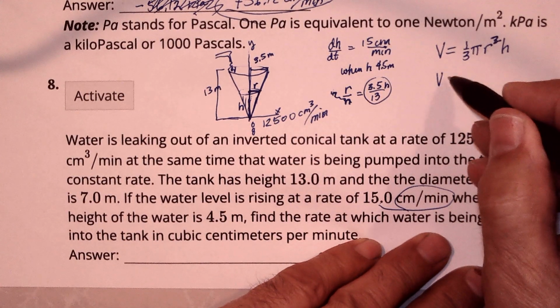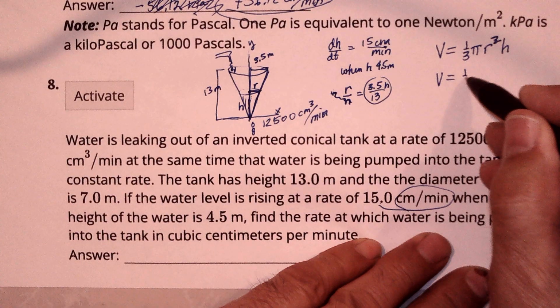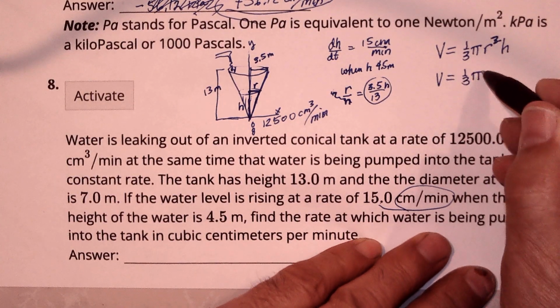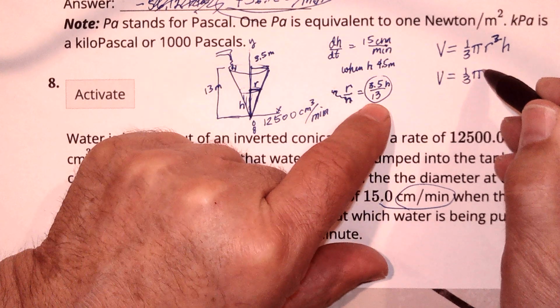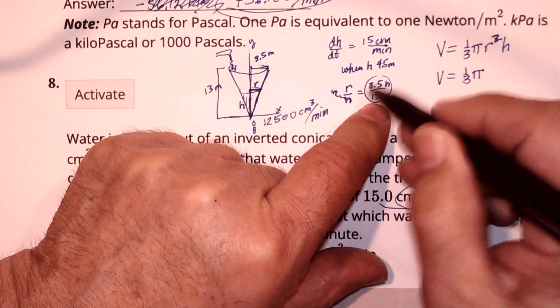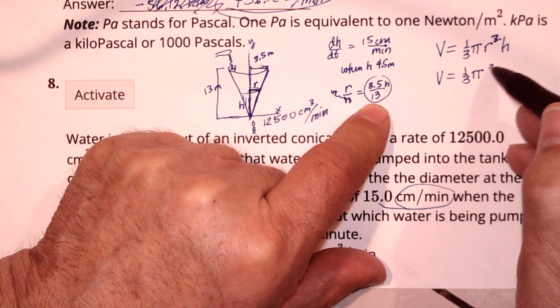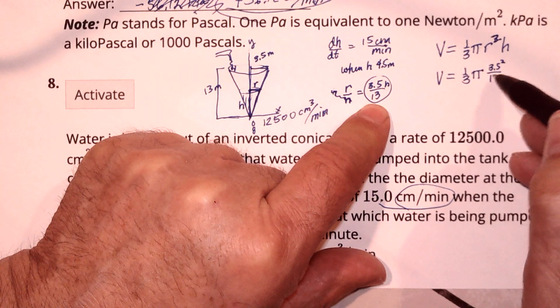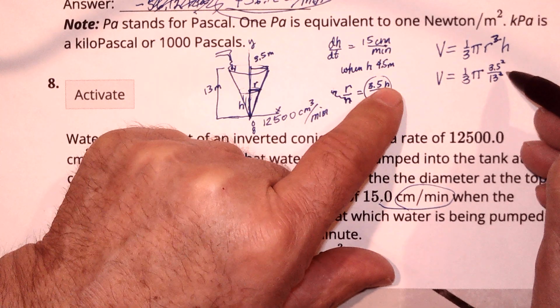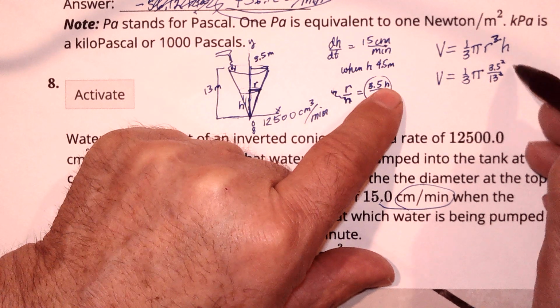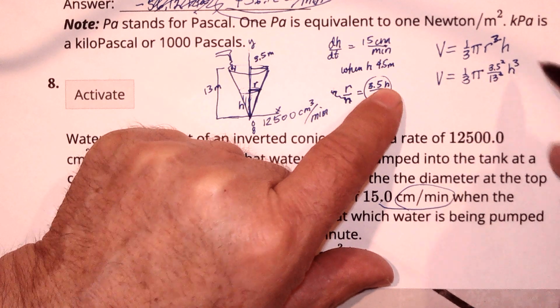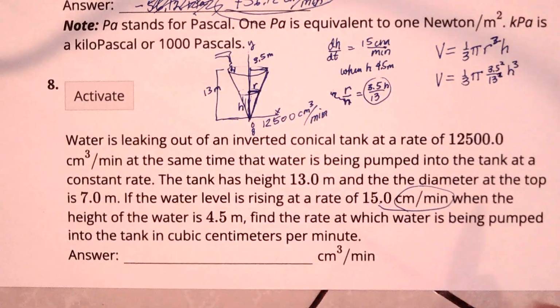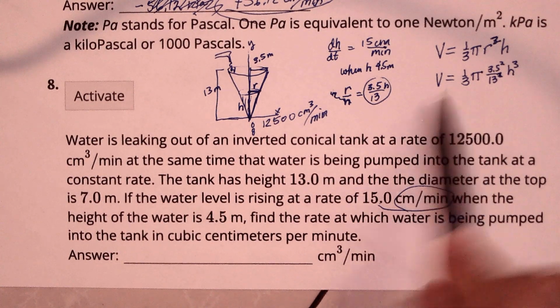So the volume is equal to 1/3 pi. And I got to square this constant, so it's going to be 3.5 squared over 13 squared, h squared times another h, so that's h to the third.